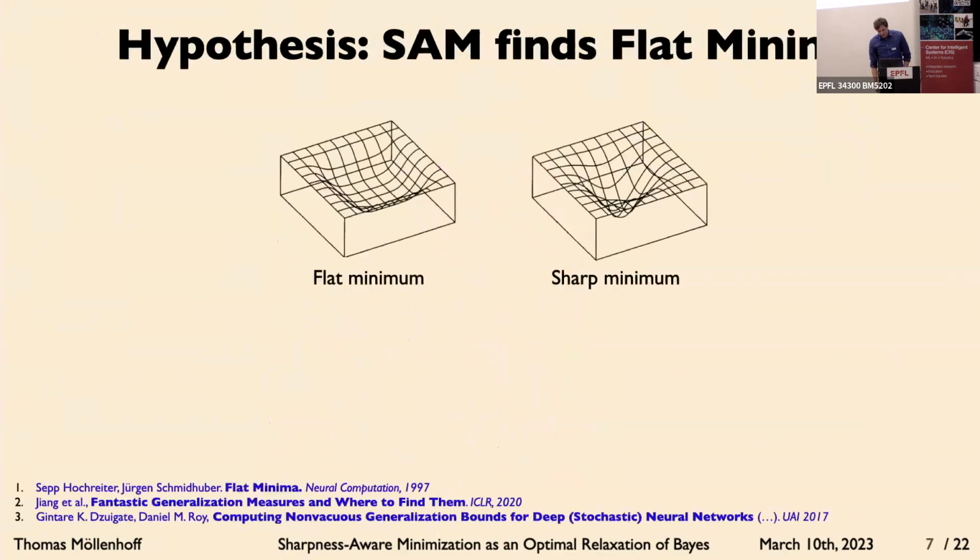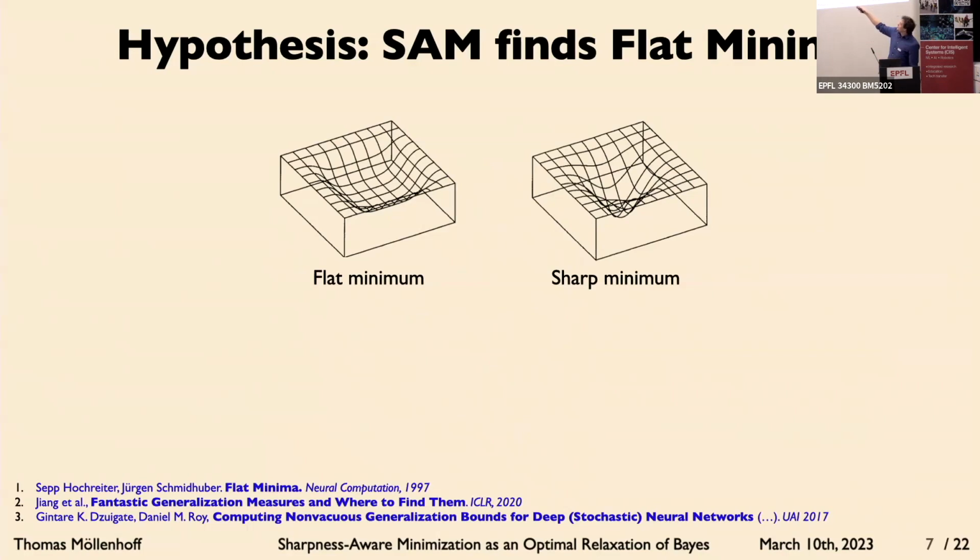But the big question, of course, is why does that method work? How can we improve it? And so on. One hypothesis of the researchers who developed this method is that in deep learning, it's a non-convex problem, so you have lots of different minima. And then the question is, which minima should you pick? There's some evidence that you want to go to a flat minimum in your high-dimensional loss landscape.